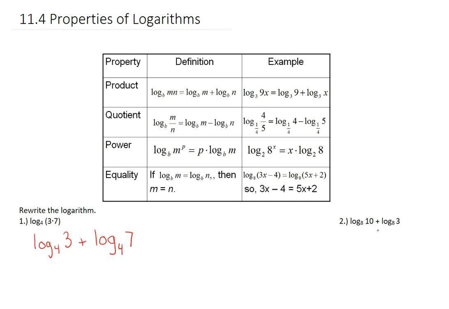If we look at number two, you see how they're expanded out through addition. And so what we can do is condense them by taking the 10 and the 3 because they have the same base, and it's important to realize that they have the same base. We can bring them together through multiplication and then actually evaluate it. Log base 8 of 30.